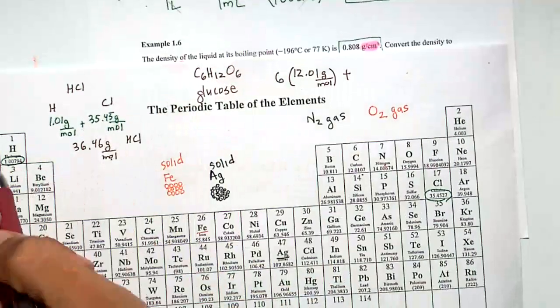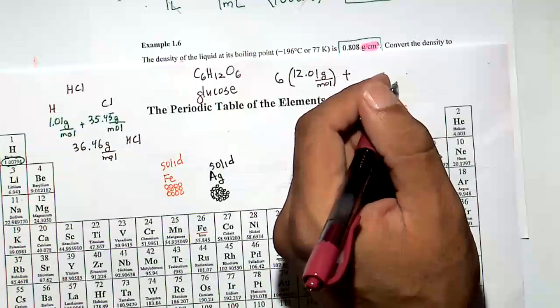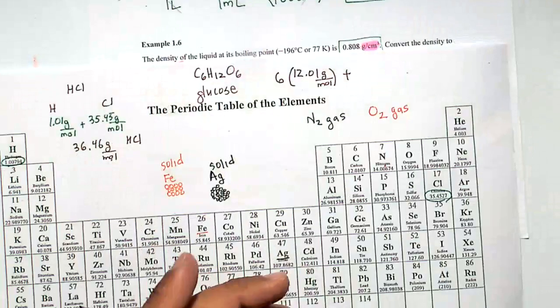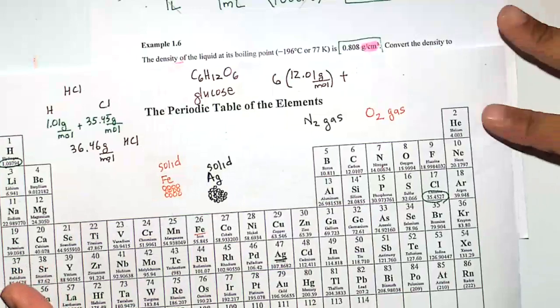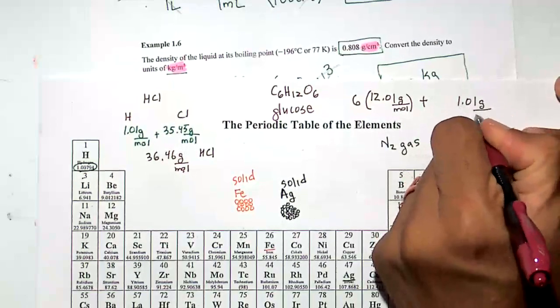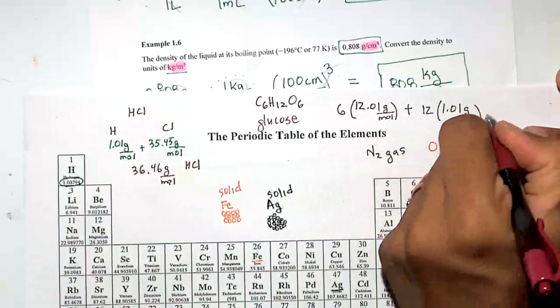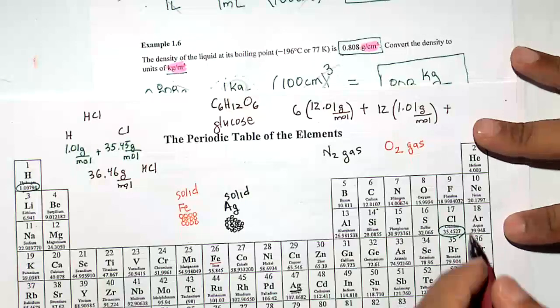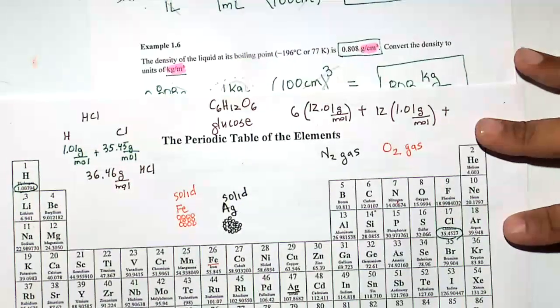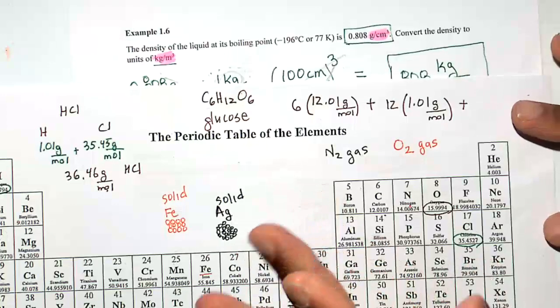Hydrogen, I have hydrogen memorized as 1.01. Okay, you can do the whole number, but when you're in a rush and in a hurry and you're doing these problems, to me hydrogen is 1.01. Okay, so we'll just go with 1.01 times 12. Very good. And then oxygen, how much is oxygen? Okay, you can go 15.9994.